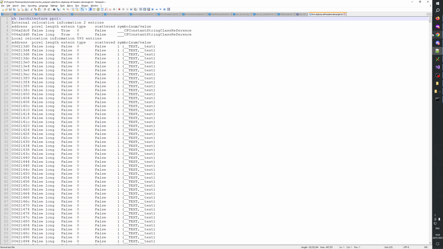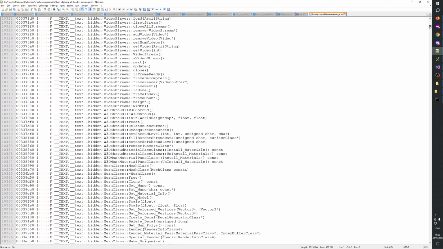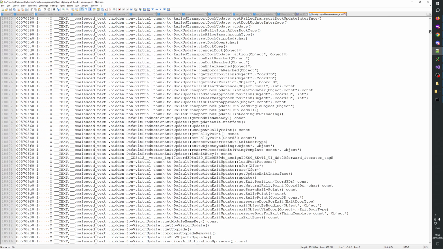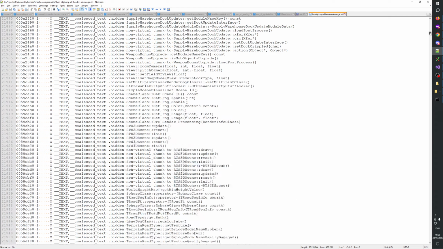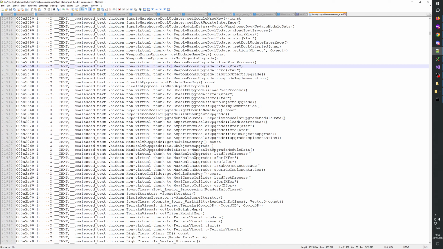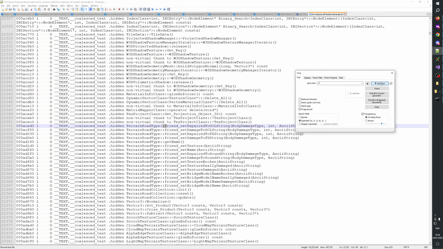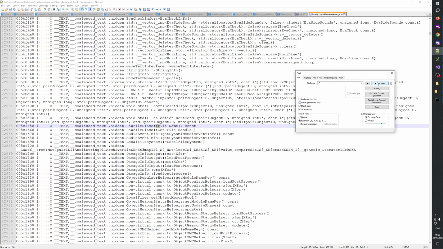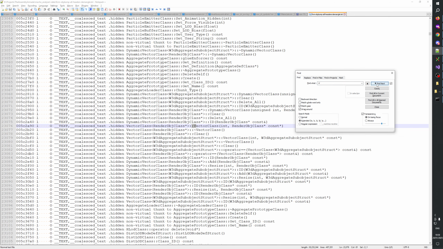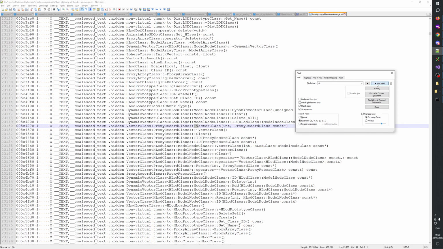That is demangled. Okay. Let's see if it's fully demangled. So even the F is gone. F. Match case. Oof.